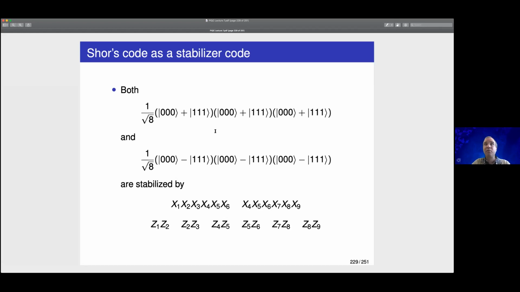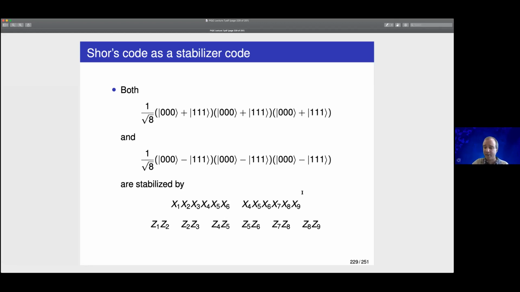And for instance, for the short code, you can see that the stabilizer operations are these ones here and the ones that are obtained by combinations, multiplications of these ones. And you can use these operations in order to study properties of the code. For instance, what are the errors that you can correct, different properties of the operations that you can implement logically.